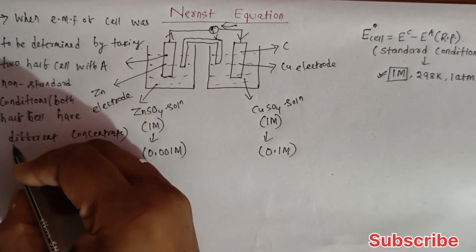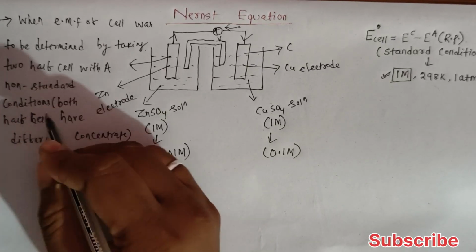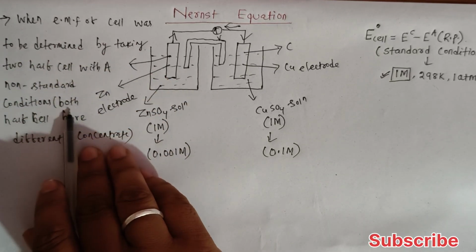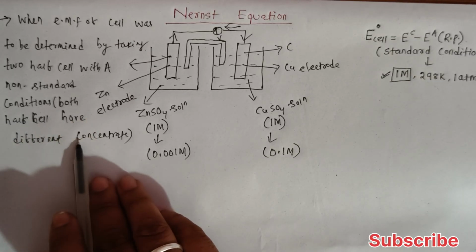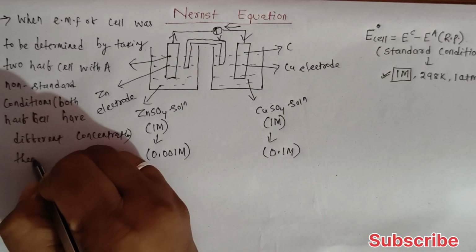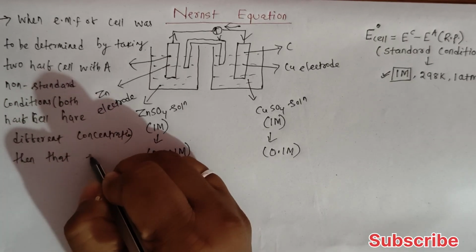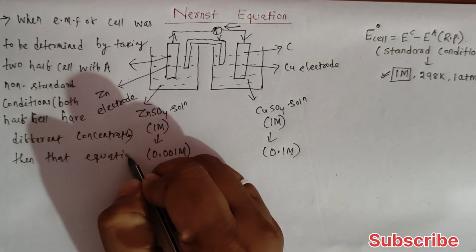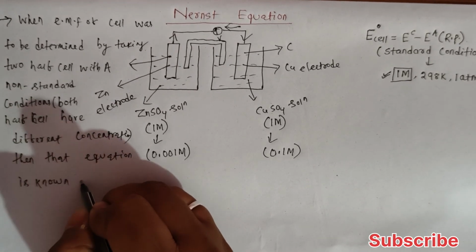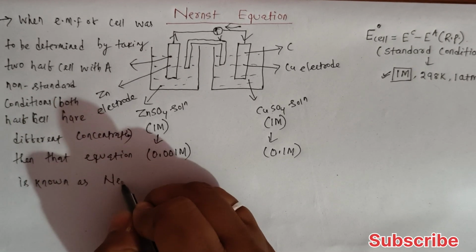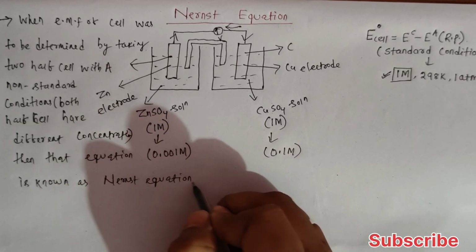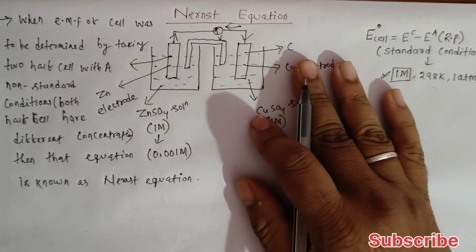When the EMF of a cell is to be determined by taking two half cells with non-standard conditions, both half cells having different concentration, then that equation is known as the Nernst equation. Very simple. Clear?